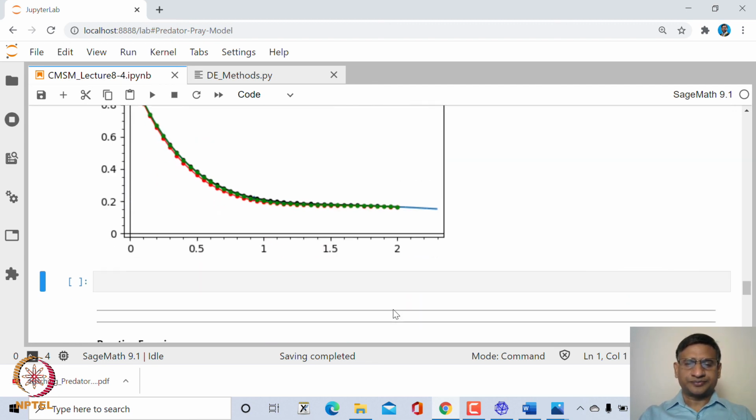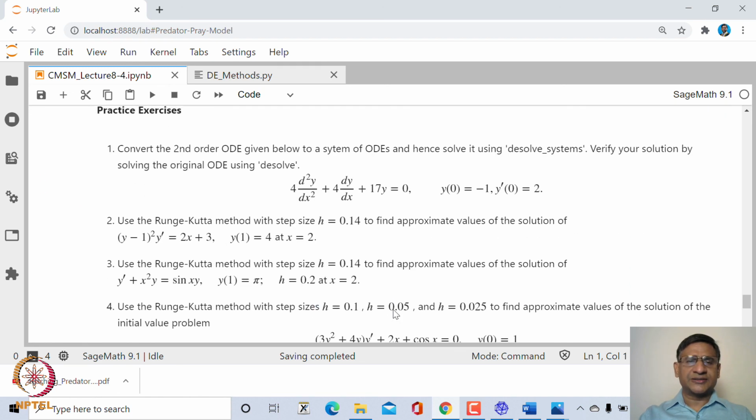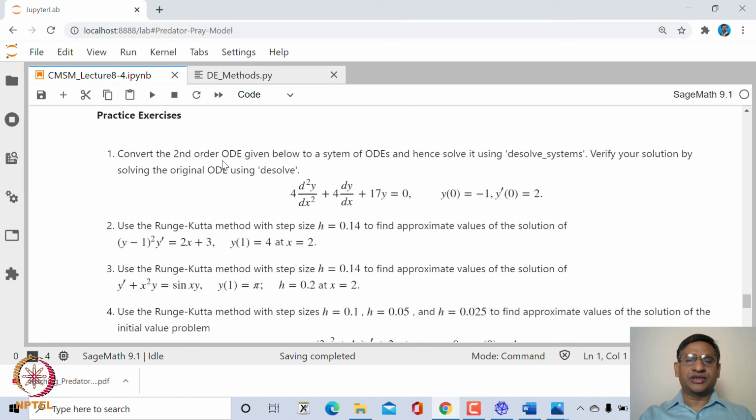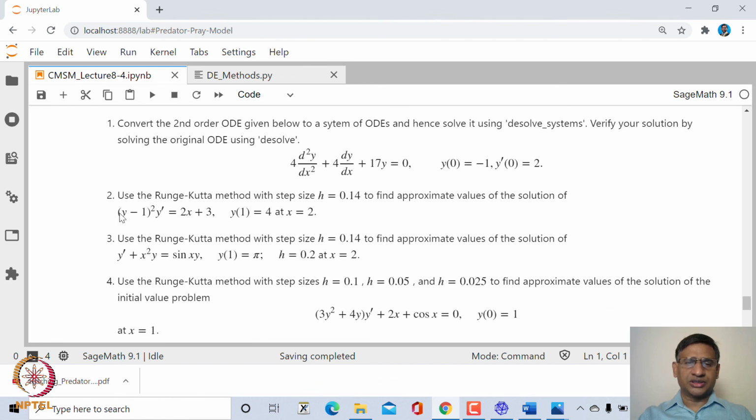Okay. So, let me leave you some simple exercises. The first exercise is to convert this second order linear ordinary differential equation with this initial condition into a system of first order ODEs, and then solve it using dsolve, and solve this system using the RK4 method with step size h = 0.14.